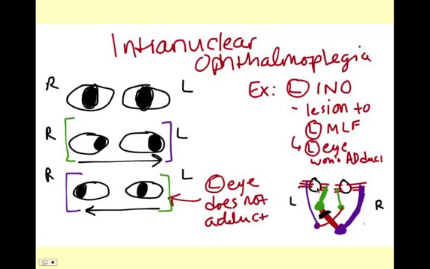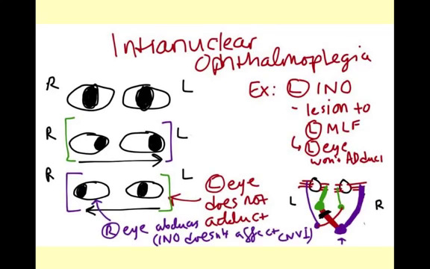And so we can't get our left eye to move to the right as well, to move midline, to move with the medial rectus. And so the left eye does not adduct. The right eye, though, does abduct because the INO has nothing to do with the direct connection between the ipsilateral abducens nucleus and the ipsilateral lateral rectus.